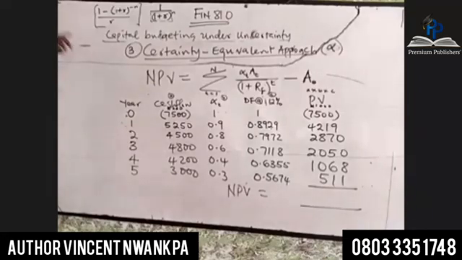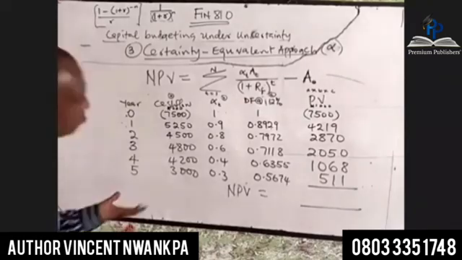Remember, the certainty equivalent approach is only to reduce the cash flow, while the risk-adjusted approach is to affect the interest rate, while the payback period is to look for the limits for us to pay back. We have seen the non-probability average, and we saw the three methods being applied.